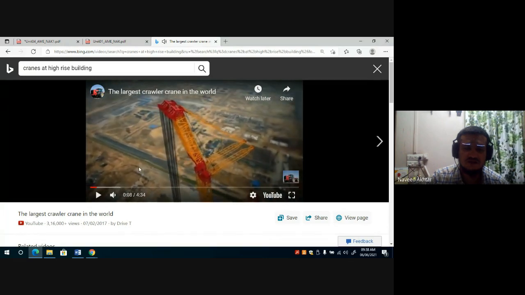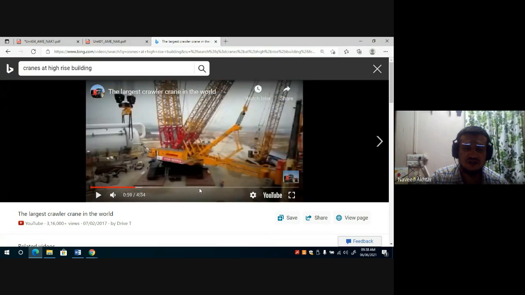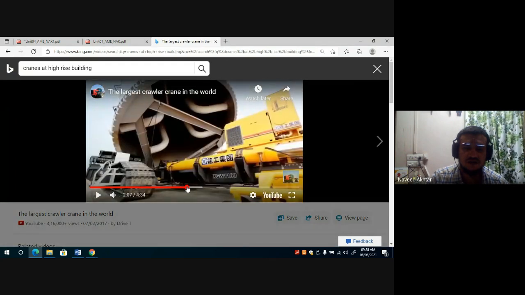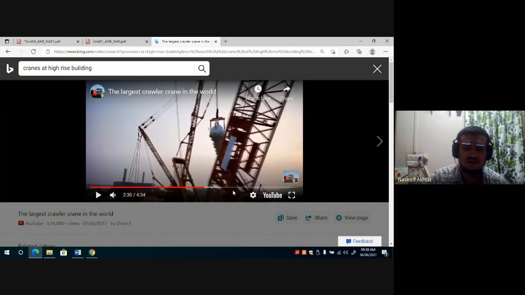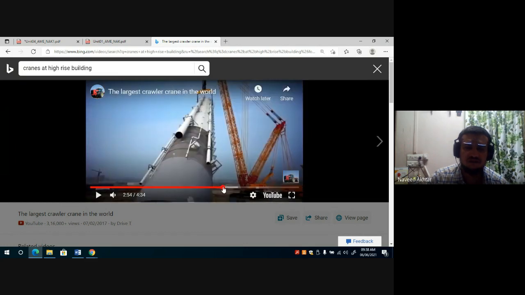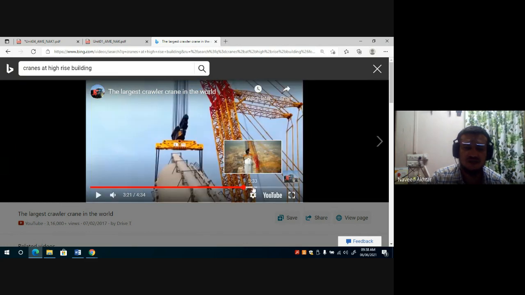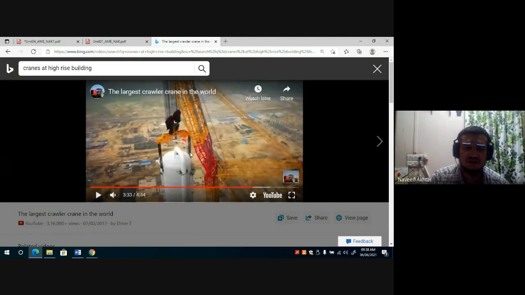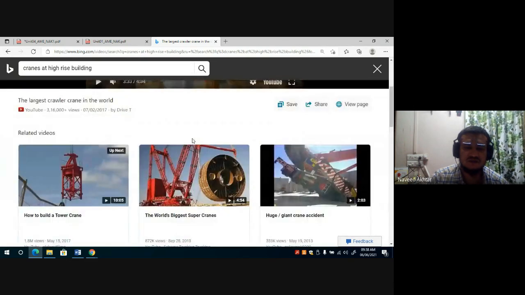Many such different cranes are there. This is another type of crane, which lifts heavy loads, but there should be a counterbalancing weight at some place. That's why this is nothing but the equilibrium of forces.